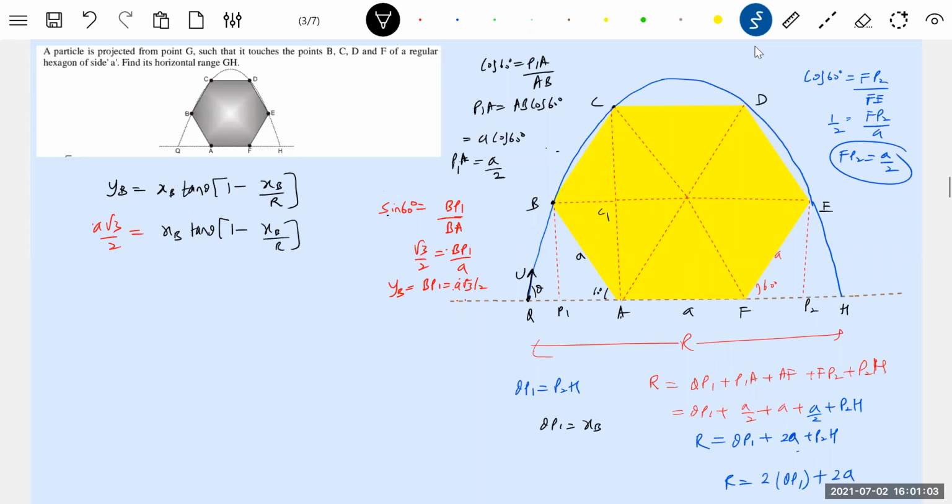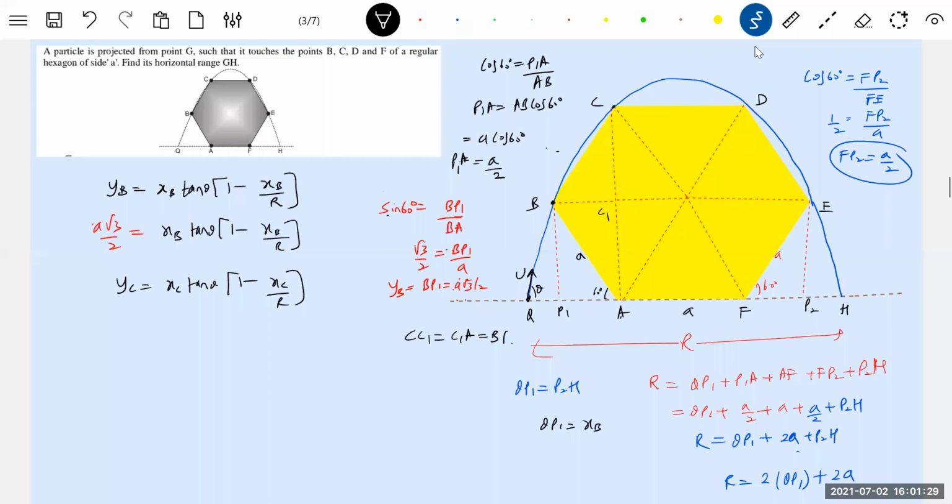Then one more equation. Can we write it here? YC. What is YC? Can we calculate YC? I think it should be AC1 plus CC1, CC1 is equal to C1A, and C1A equal to BP1.